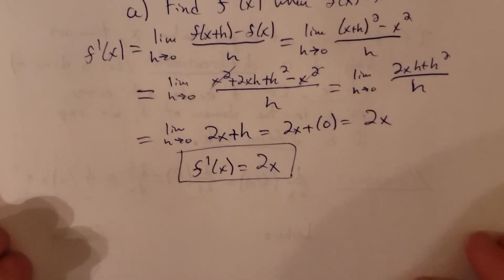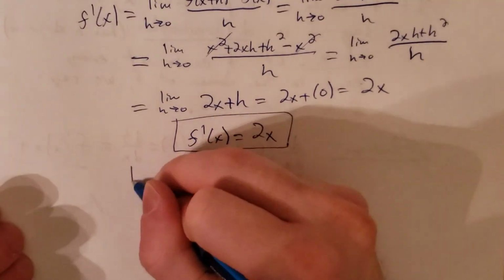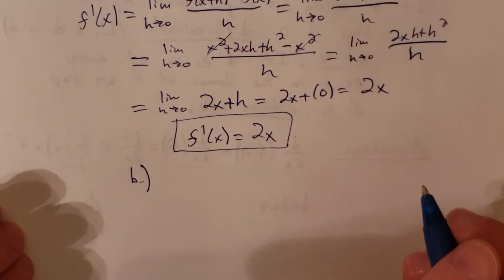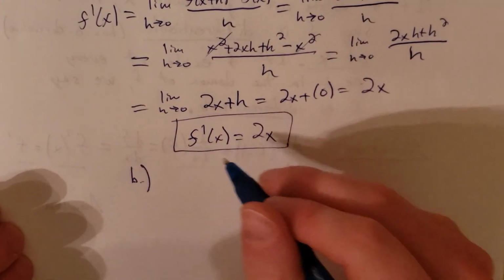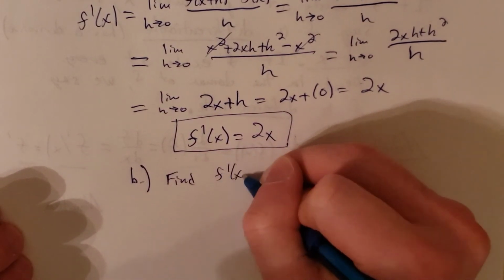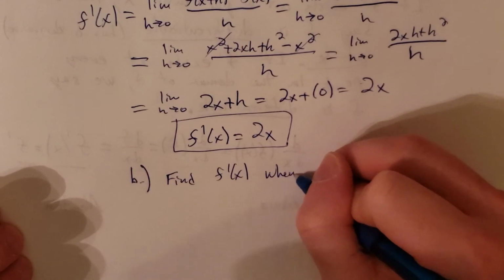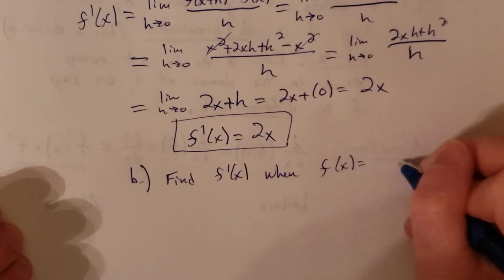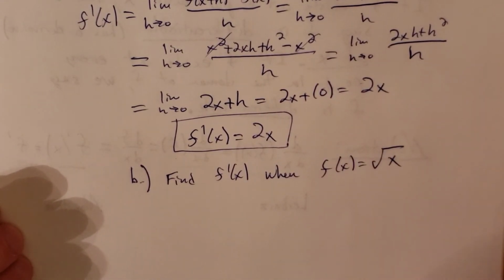All right. We'll have something very similar here with our second example, or part B of example 1, and that is to find f prime of x when f of x is equal to the square root of x.